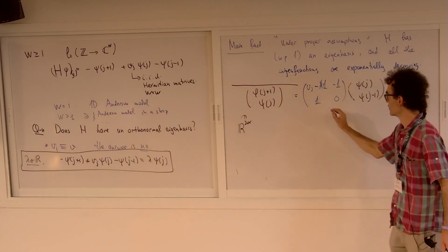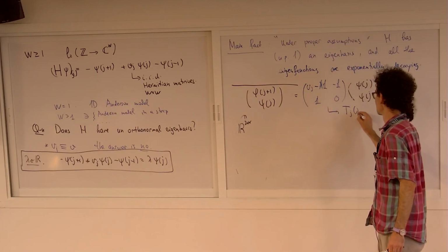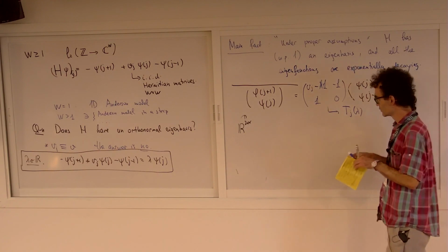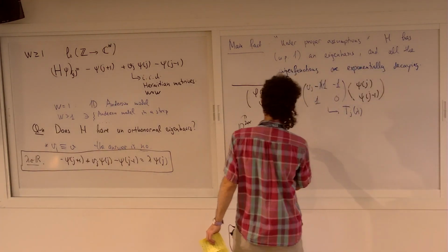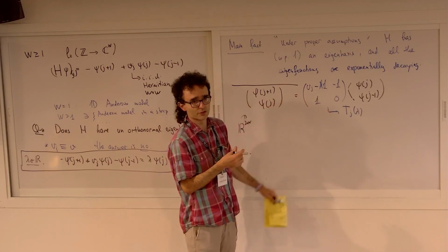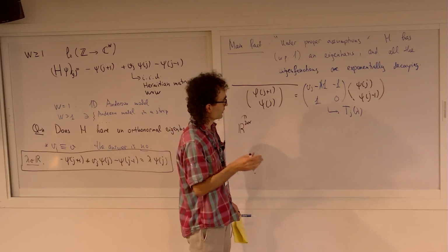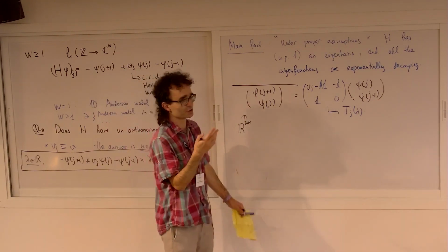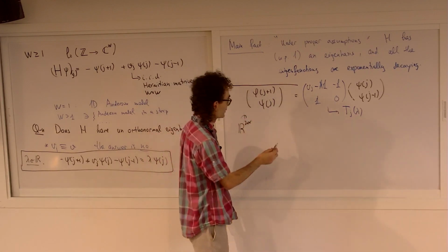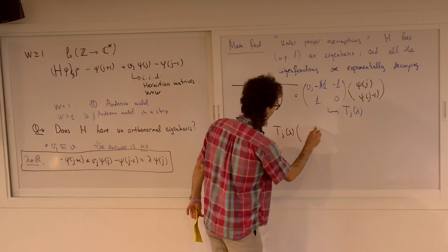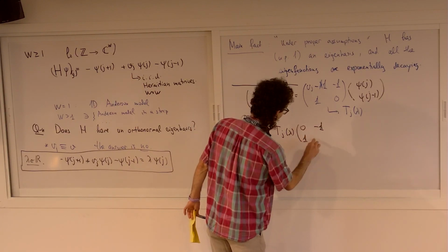I'll denote this by T_j of lambda. If you look at this matrix for 2 seconds, you will see that the determinant of this matrix is equal to 1, so it lies in the special linear group. For W equals 1, that's it, but for larger W, one can strengthen this, and in fact, T_j of lambda preserves the quadratic form with blocks 0, minus 1, 1, 0.